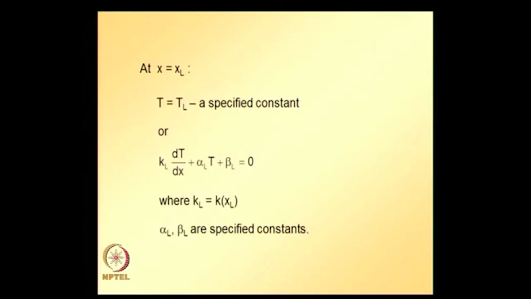Here the quantity we are looking for is the field variable t. So the differential equation is multiplied with the variation of t, integrated from x0 to xl and equated to 0.